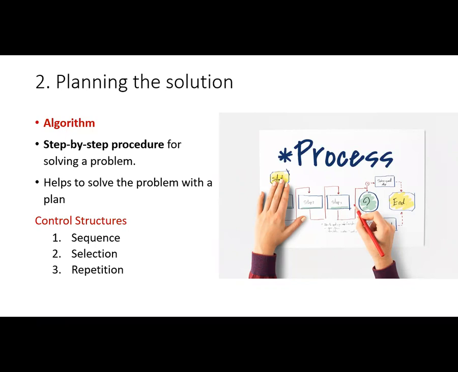If I say it another way, writing an algorithm means writing the steps needed to solve the problem. By using this algorithm, we can solve the problem with a plan. This plan will help you to solve the problem easily. It makes problem solving easier.